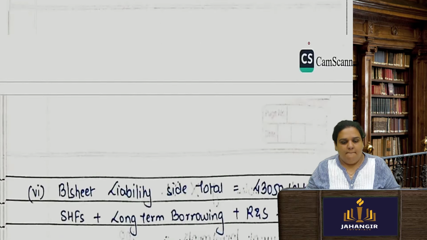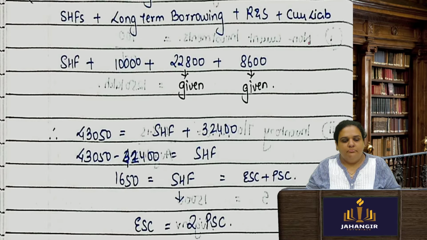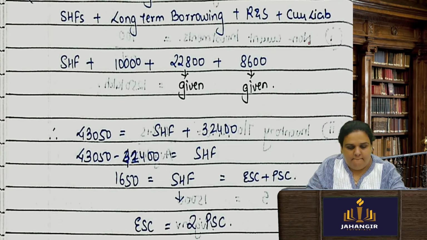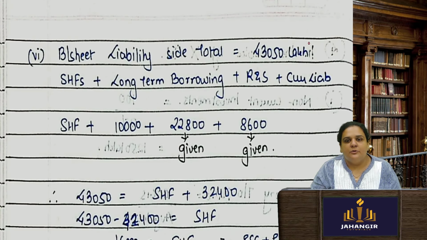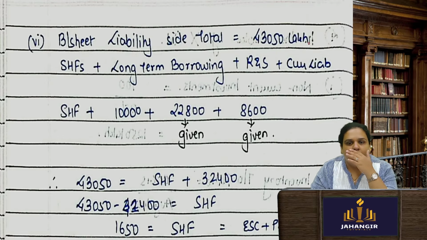See? Balance sheet liability side total also has to be this. That will be what? Your owners capital, not shareholders funds. I will say owners capital.